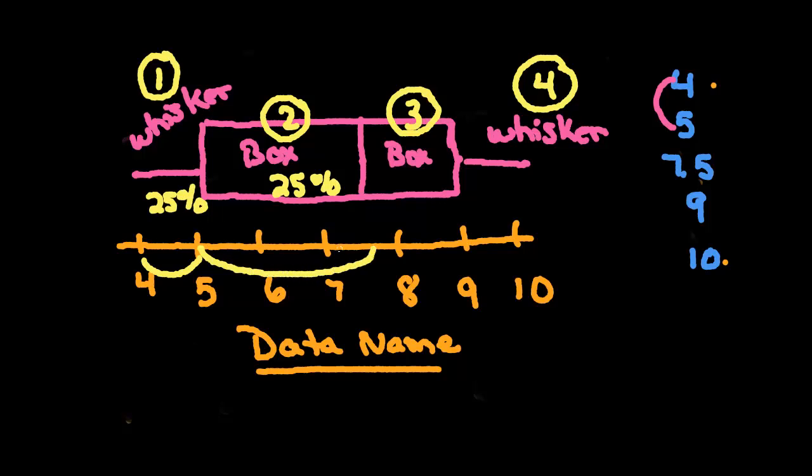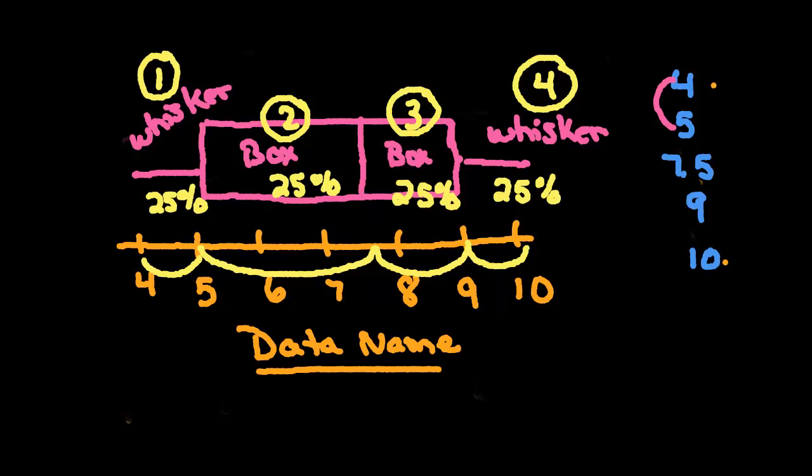So you can see the data in this second area was more spread out because it's the same amount of data, it's still 25%, but we go from a distance of 5 to 7.5. So therefore it has to be more spread out. Then we have 7.5 to 9, that represents another 25% of the data. And then the last is from 9 to 10, represents the last 25% of the data.